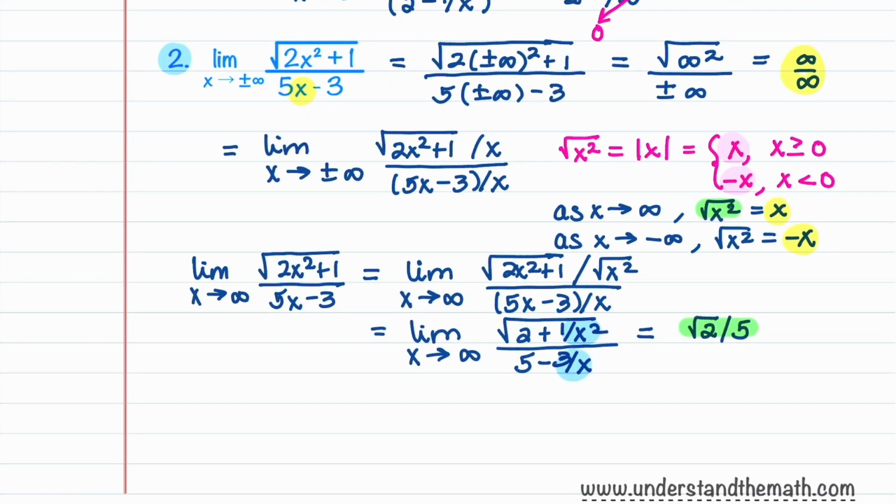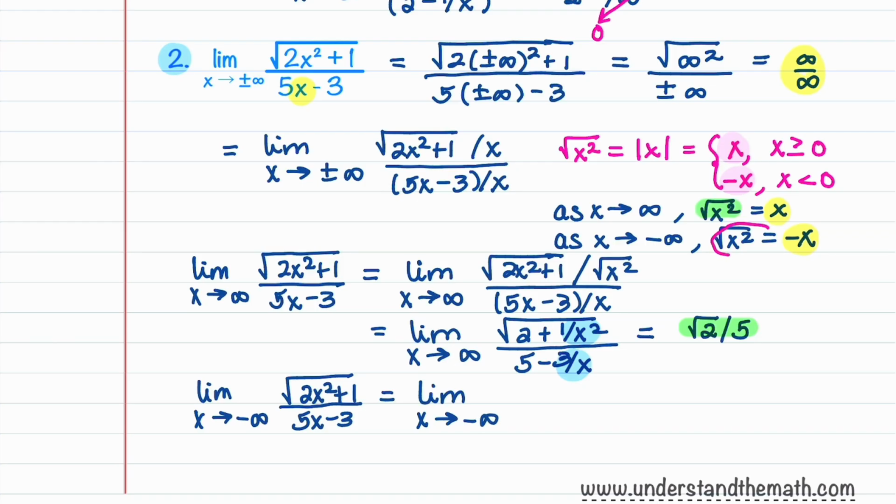Now we're going to look at the limit as we approach minus infinity. This is the square root 2x squared plus 1, all divided by 5x minus 3. Hang with me. I know my students, when I used to teach this in class, felt like this was one of the hardest problems they've done. Since x is going to minus infinity, looking over to the right, we can see that x is equal to minus square root of x squared.